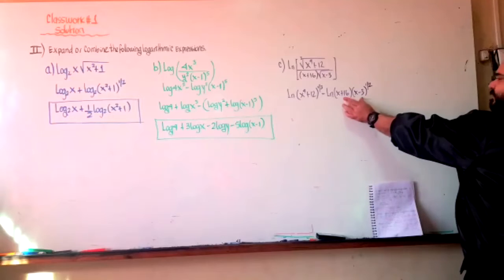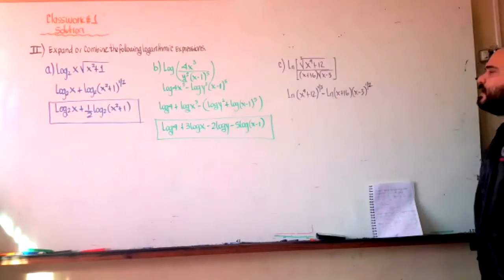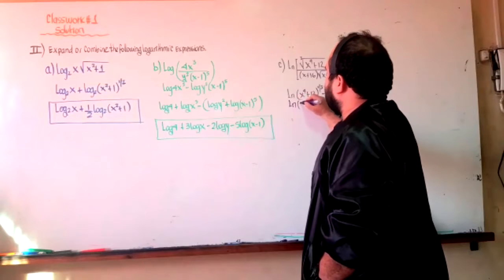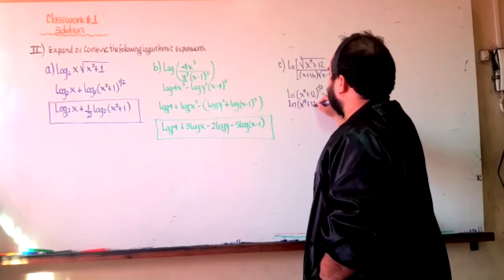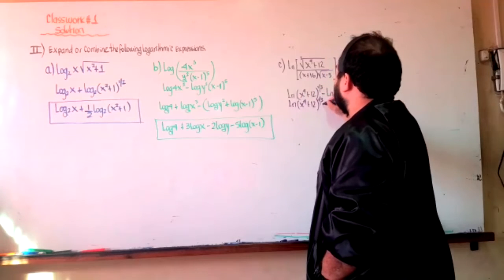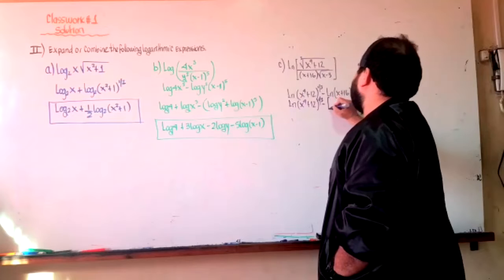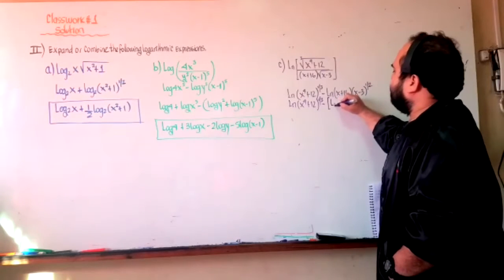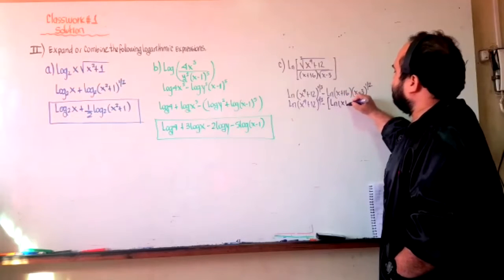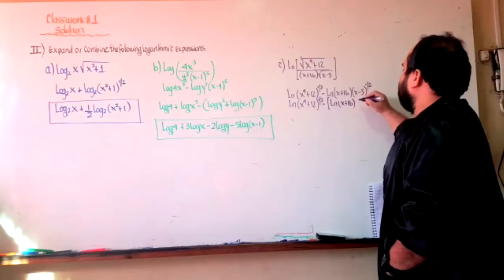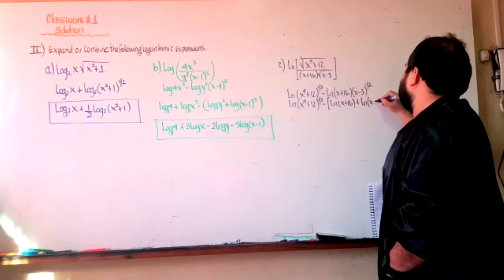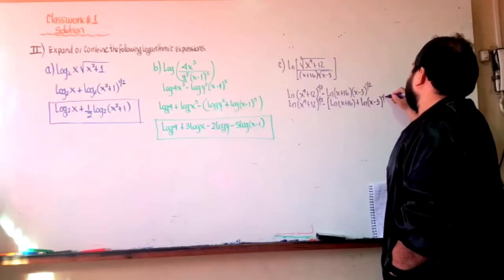Because we have a product over here, we can expand like addition, just like this one. Natural logarithm of x to the fourth power plus 12 to the 1/3 minus brackets or parentheses as you wish. We got the natural logarithm of x plus 16 plus a natural logarithm of x minus 3 to the 1/2.